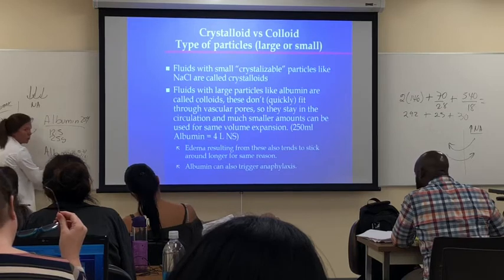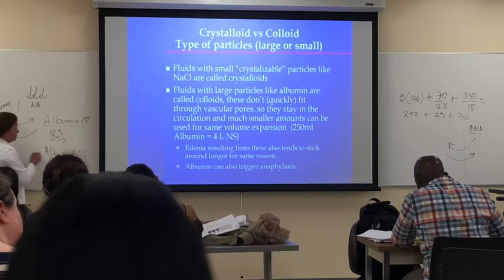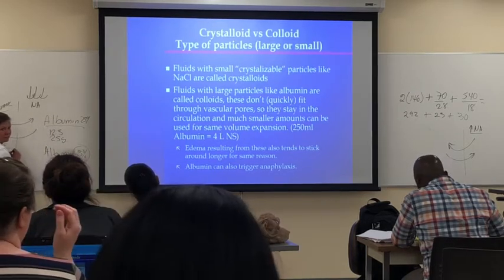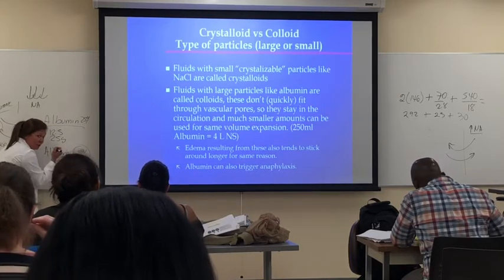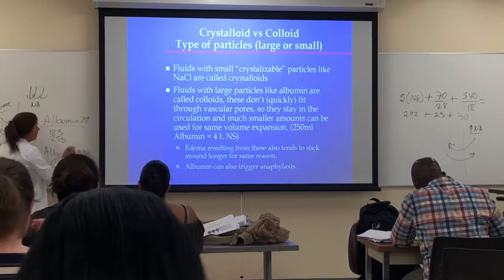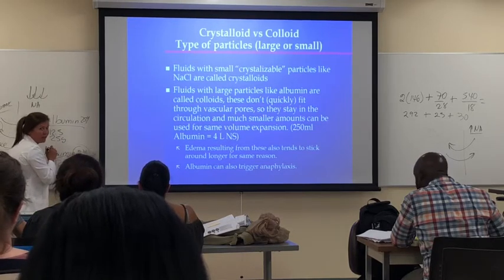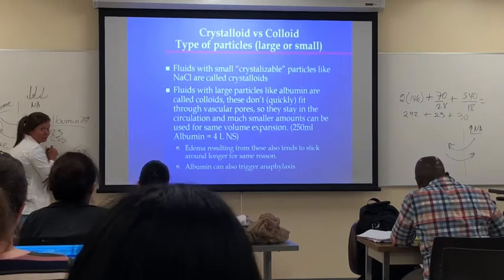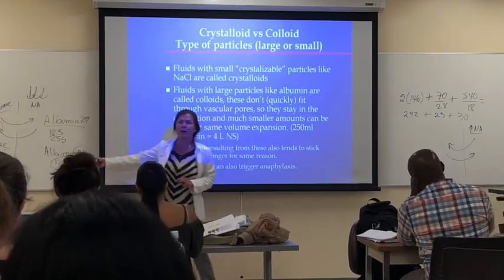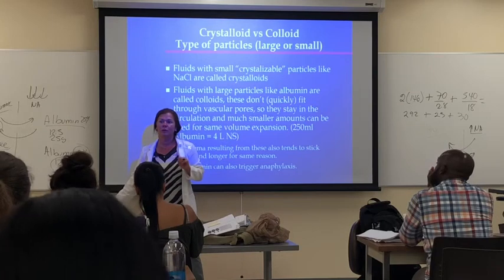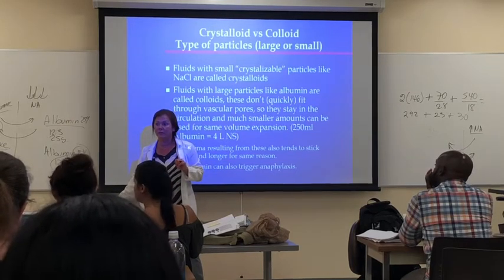This is the concentration of the protein, but this is the volume. As you can see, it has only 5% of protein and the rest is volume. And here is 25% of protein and the rest is volume. So have that in mind, that if you're giving the big bottle, you're giving 4 liters equivalent.